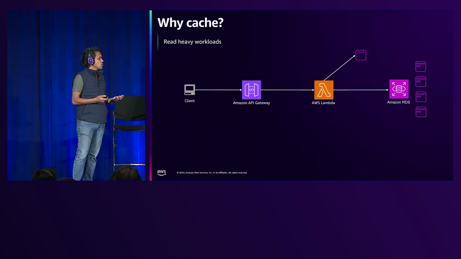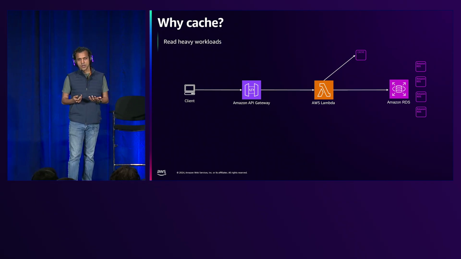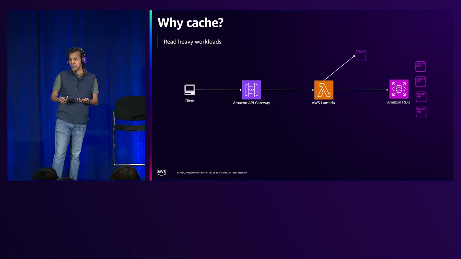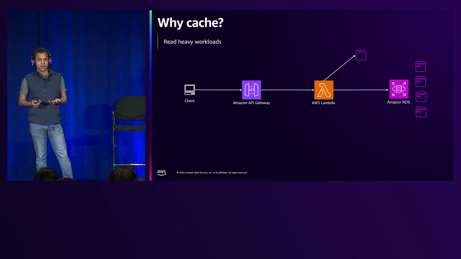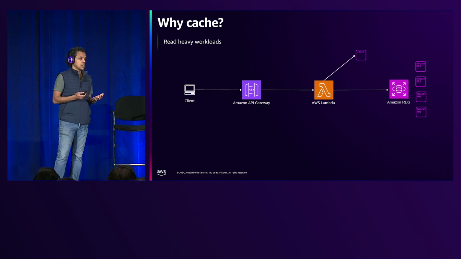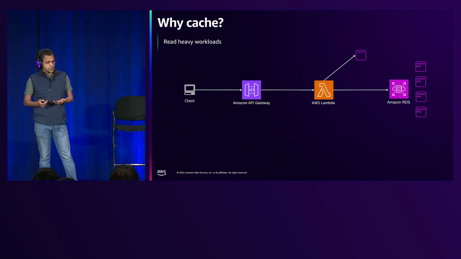What you might do here is add multiple read replicas in your database, but that can become expensive very, very quickly, right? So instead, you could add a cache and store that data in it, because a cache can help you scale reads much faster, as well as at a lower cost, where you're not paying for read replicas in your database.